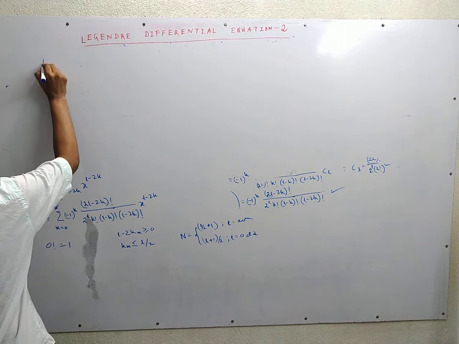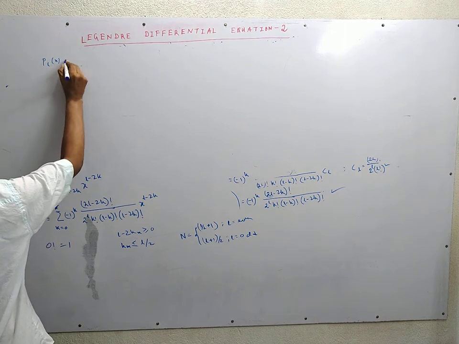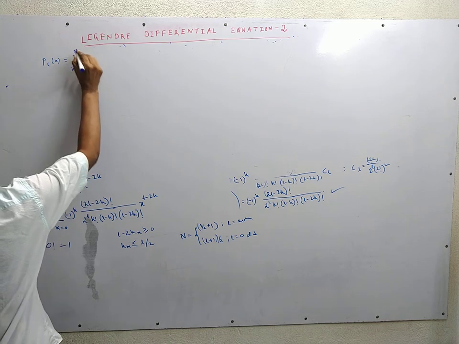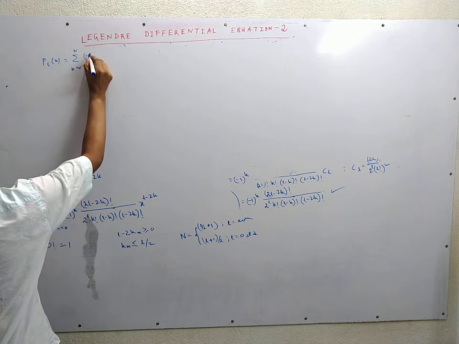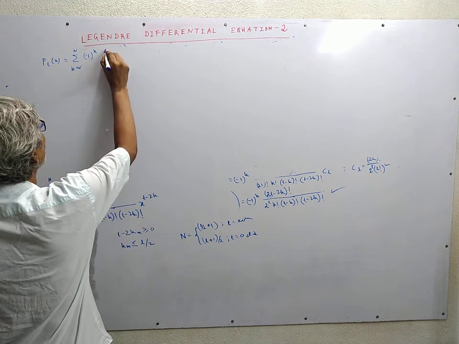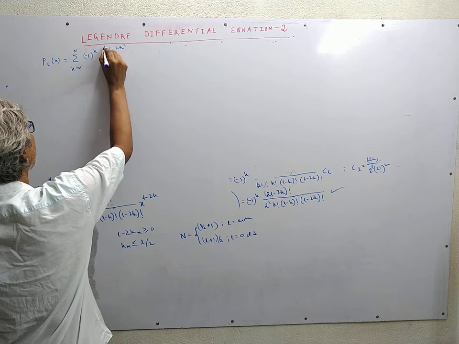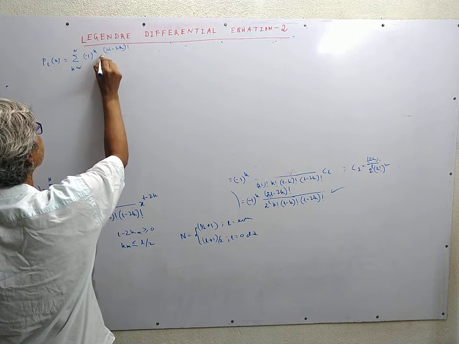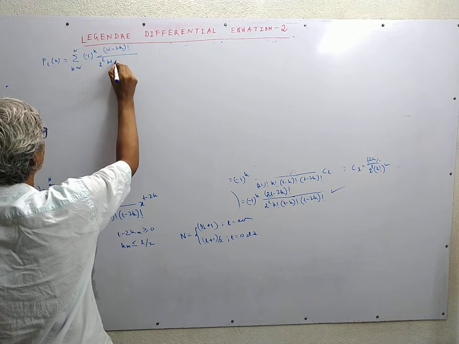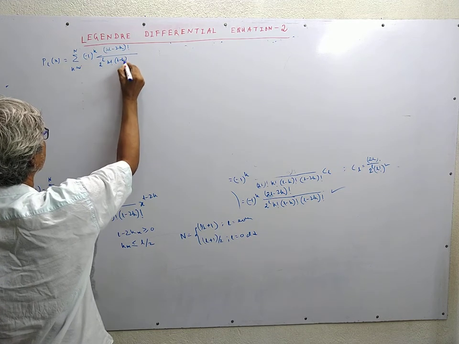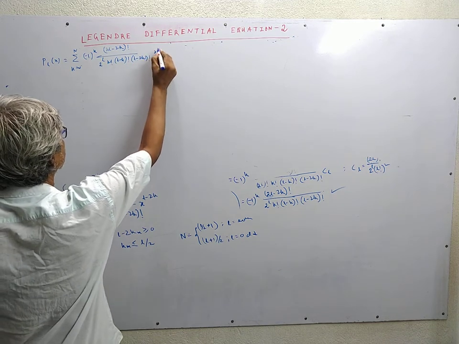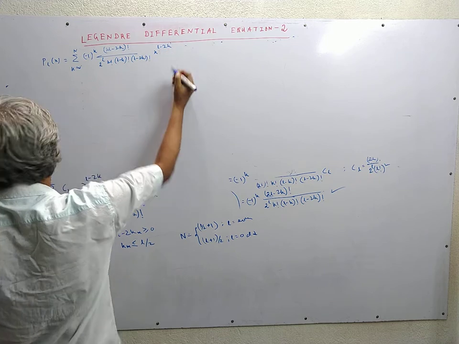So P_L, as per this expansion, is equal to summation over k equal to 0 to n, (-1) to the power k, (2L minus 2k) factorial, in the denominator 2 to the power L, k factorial, (L minus k) factorial, (L minus 2k) factorial, x to the power (L minus 2k).